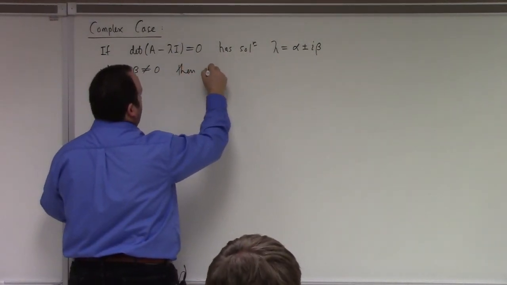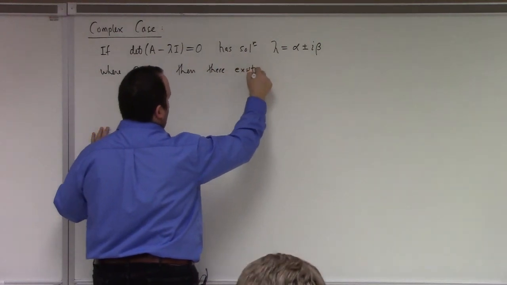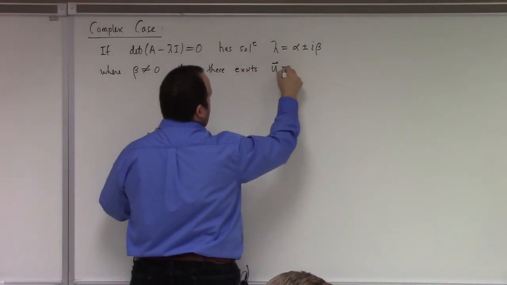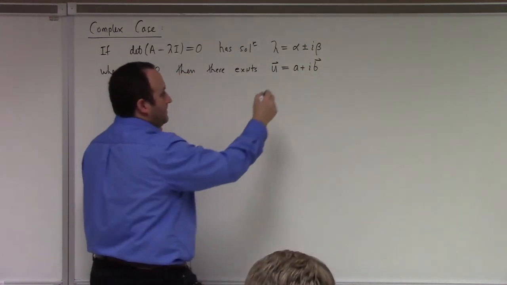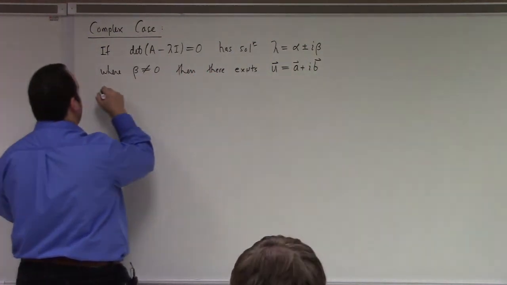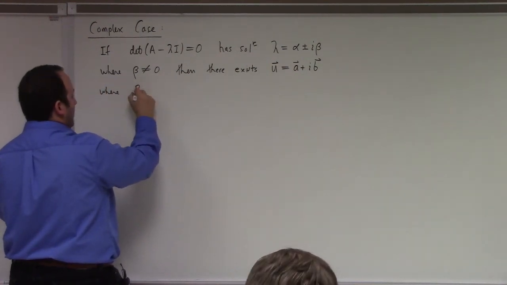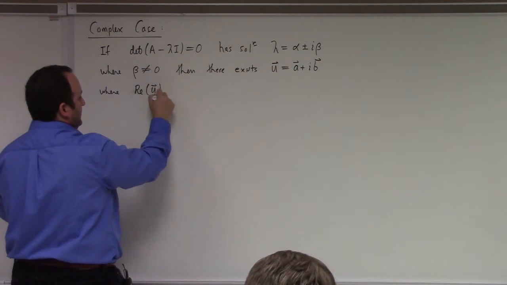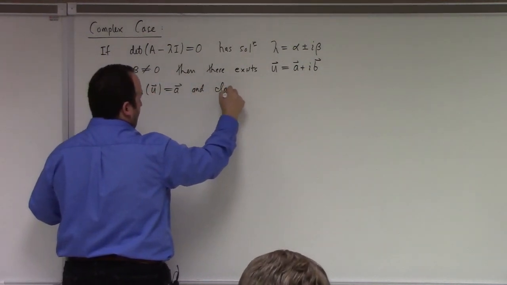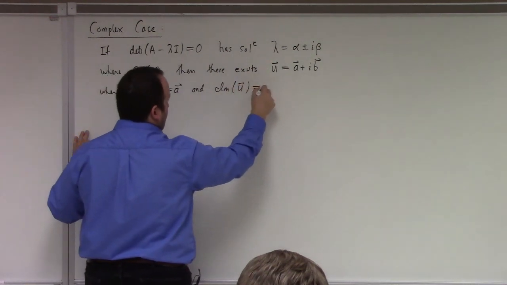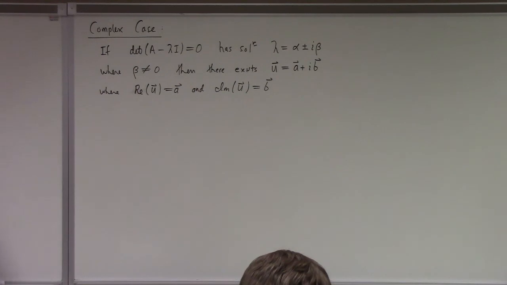Then there exists u equals a plus ib, all right, where the real part of the vector u is a, and the imaginary part of the vector u is b. So a and b are both real vectors, all right?